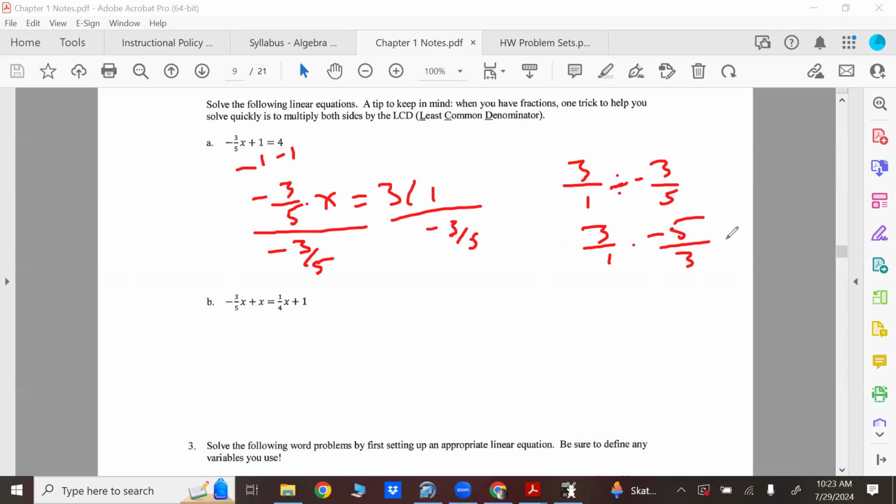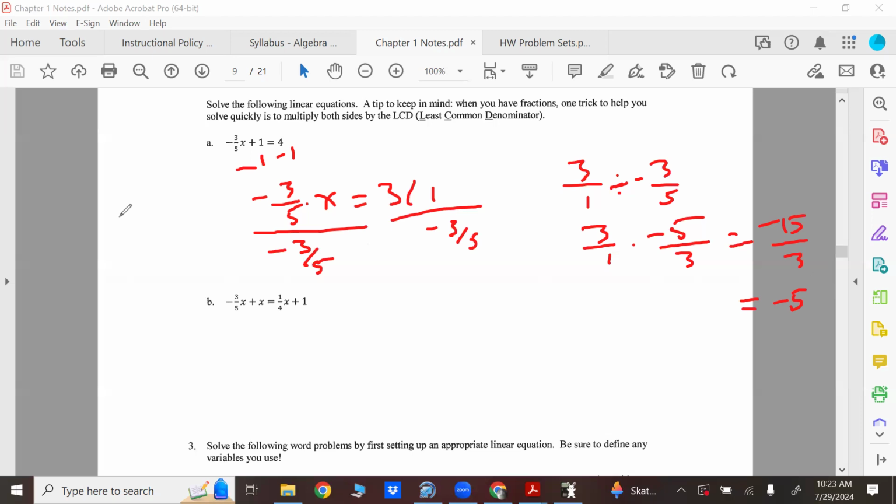And those cancel. Or you can just do -15/3, which is -5. So that's the answer. That's how I'd approach it.